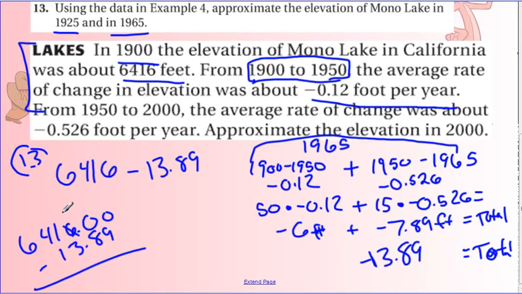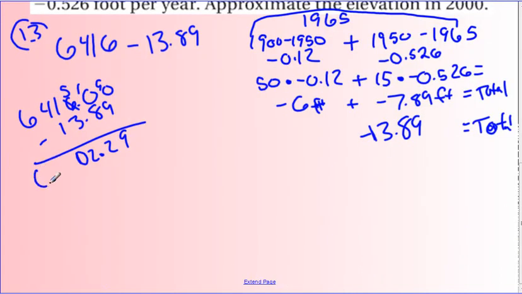Borrow 5, 10, 9, 9, 2, 2. There's a decimal there. 1. Oh, that's a 0. 6 and 4.